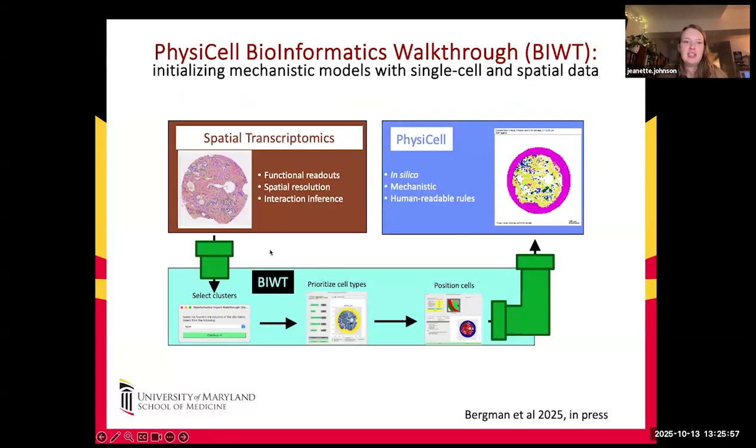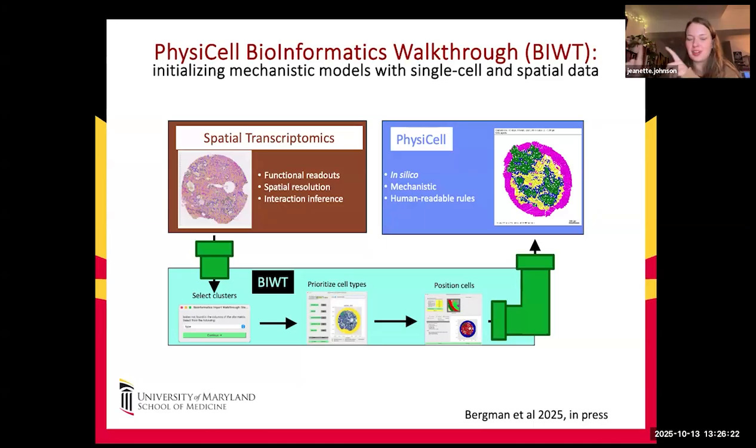So the idea, and now this is a tool that you can use, is that processed spatial transcriptomics data contains positions and annotated identities for each spot profiled. So this is not single cell resolution, but it's single spot resolution.